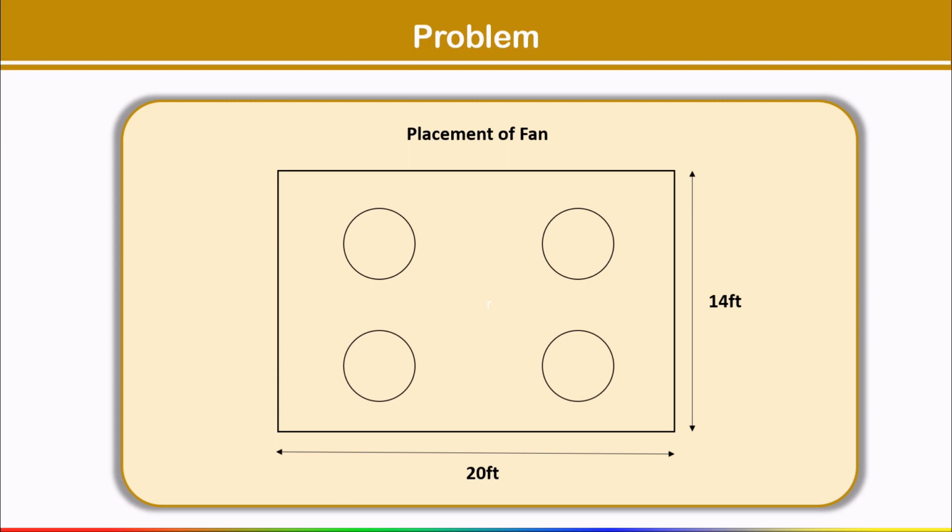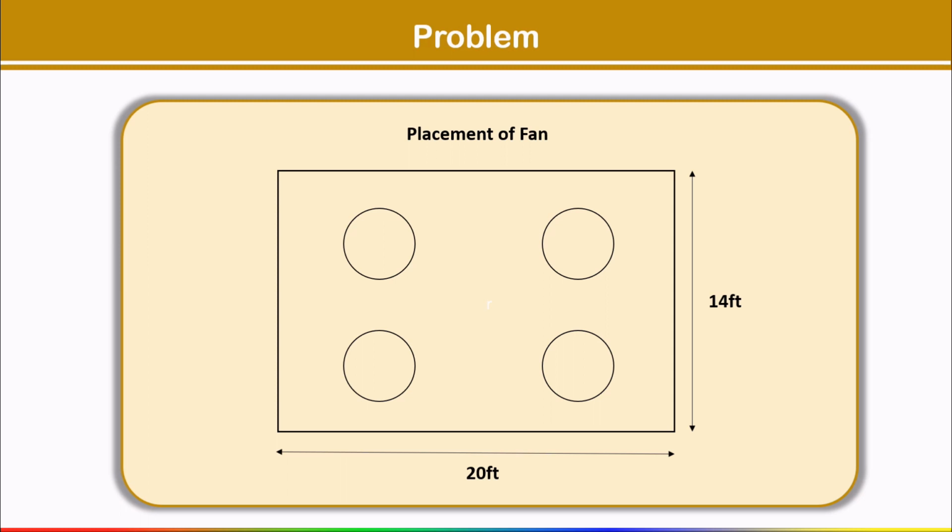Now, if you remember, I told you how much minimum distance you have to maintain center to center, from the center of this fan to the center of this fan. Remember, it is based on the sweep, the overall diameter of the fan we have selected, 900 mm.